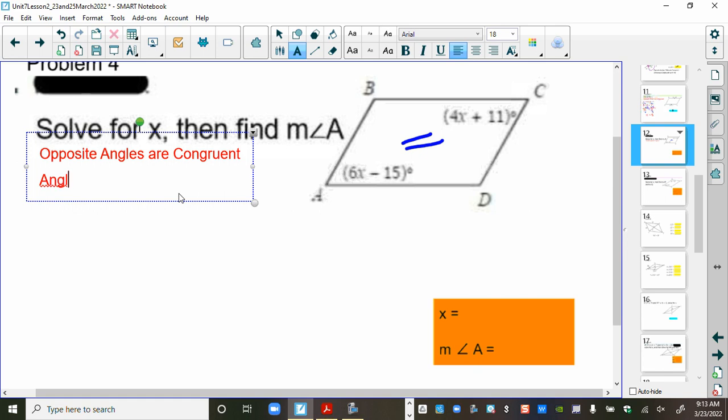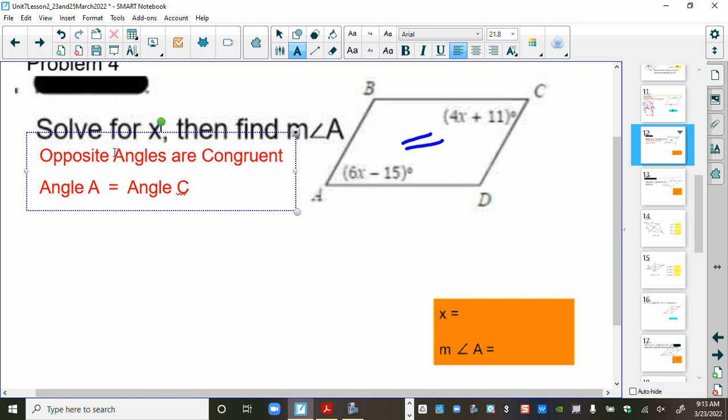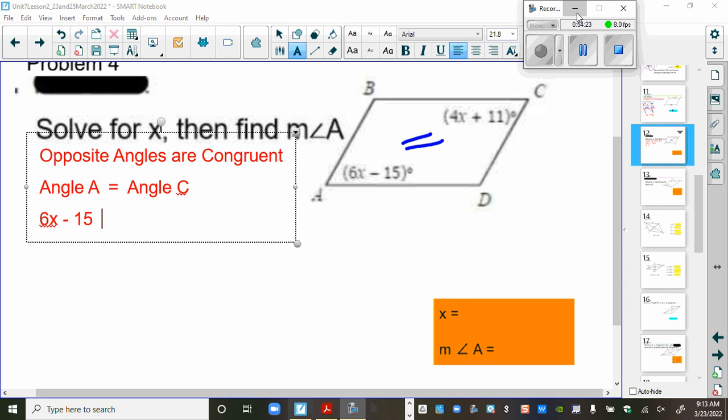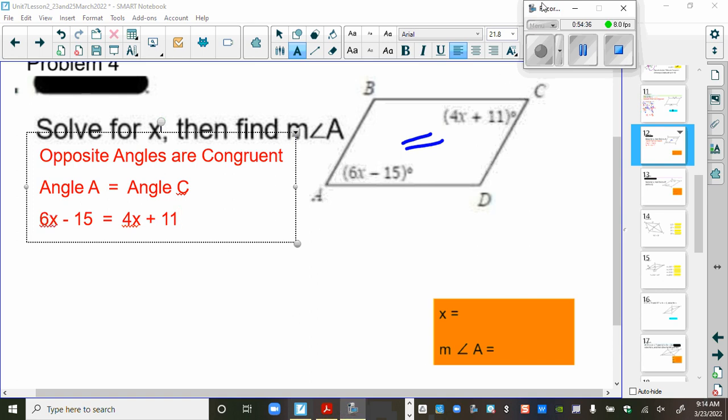So that means angle A is equal to angle C. So that means our setup is the following. 6x minus 15 is equal to 4x plus 11. Now, I want you to try to solve this on your own. I'll give you a couple minutes.